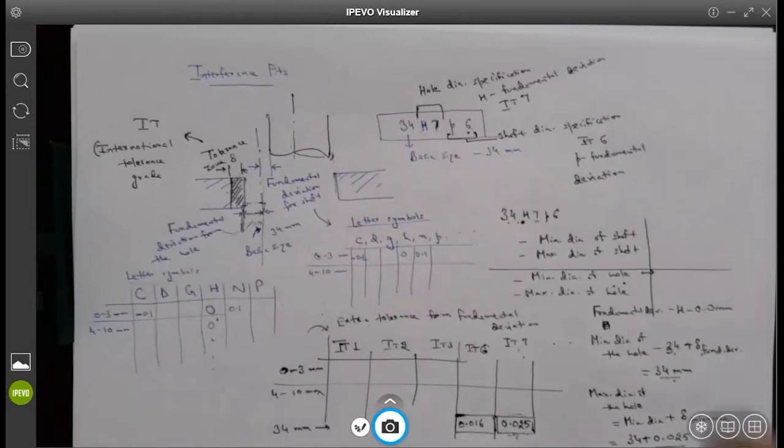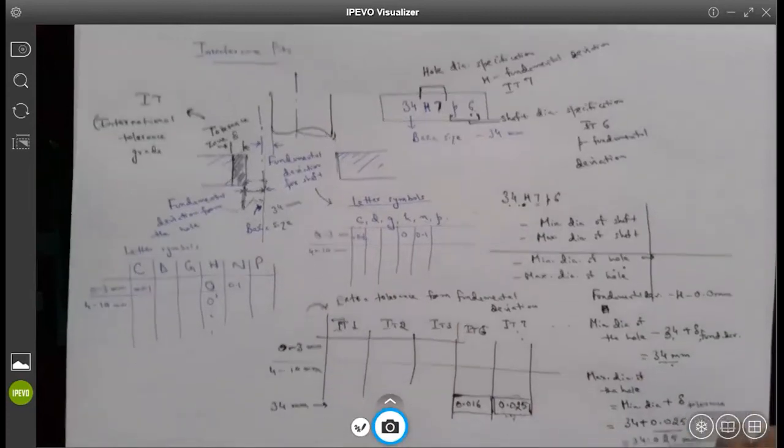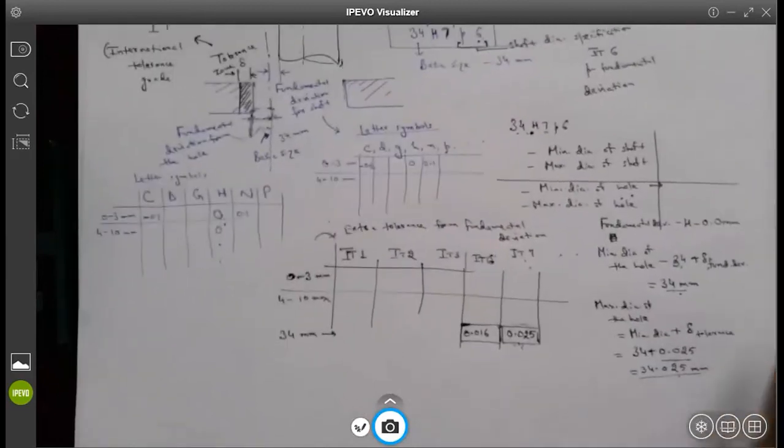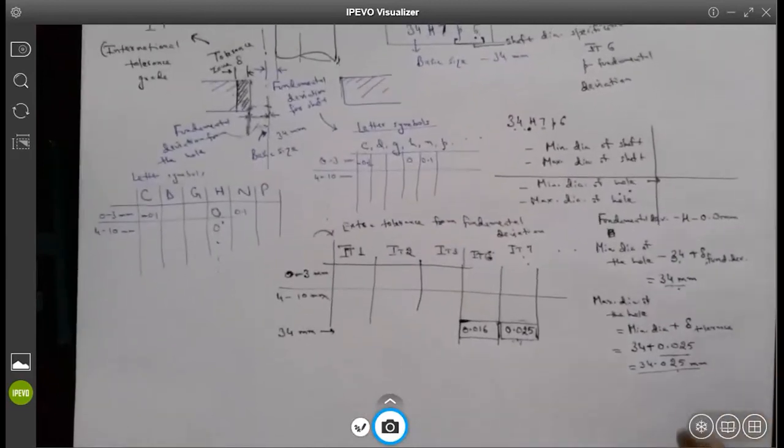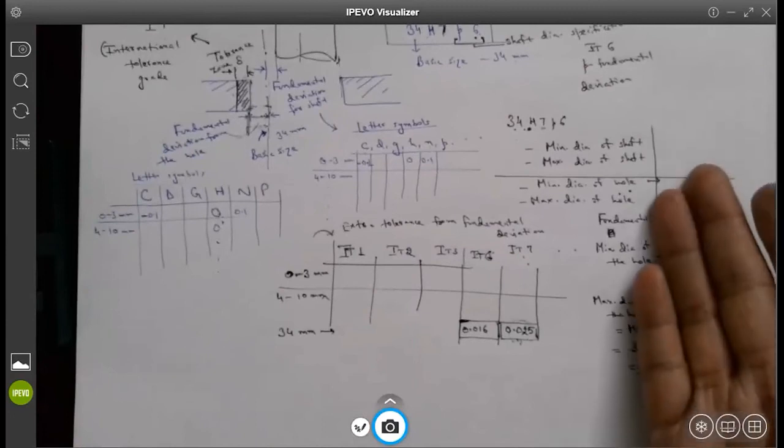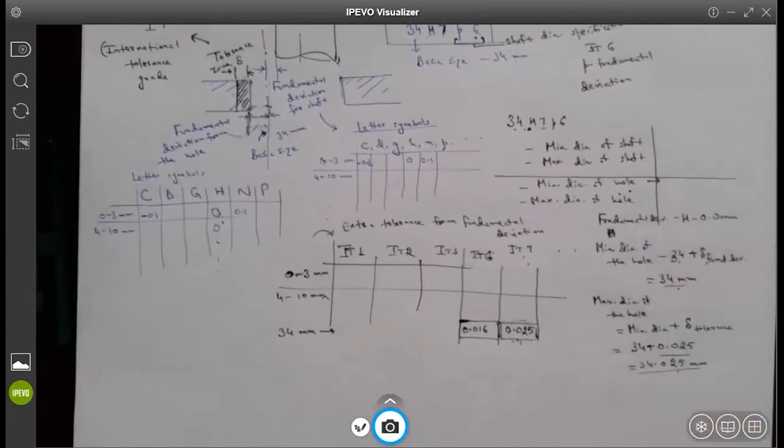That's what we are going to learn. But before we go into that, we should be able to determine the shaft specification and the hole diameter specification. Are you comfortable with the hole diameter specification?